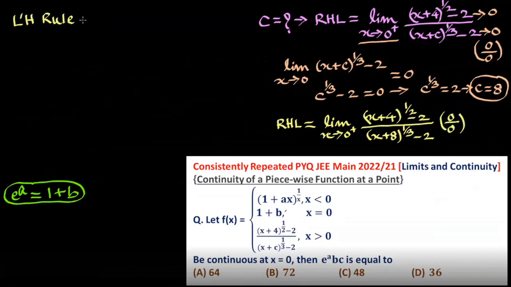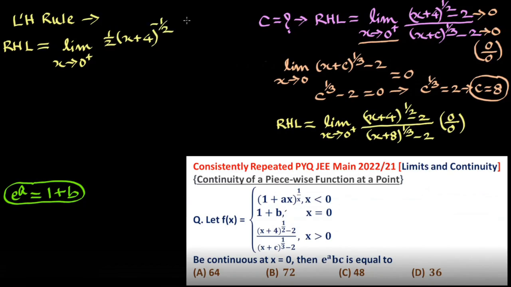So by L'Hopital's rule, the right hand limit will be the limit as x tends to 0 positive of the derivative of the numerator, (1/2)(x + 4)^(-1/2), upon the derivative of the denominator, (1/3)(x + 8)^(-2/3).